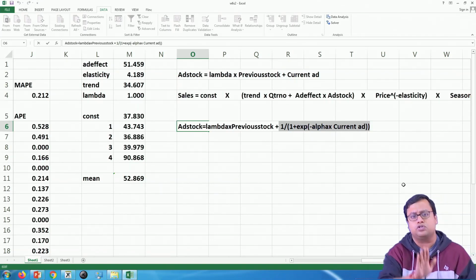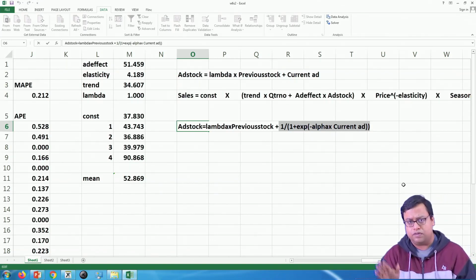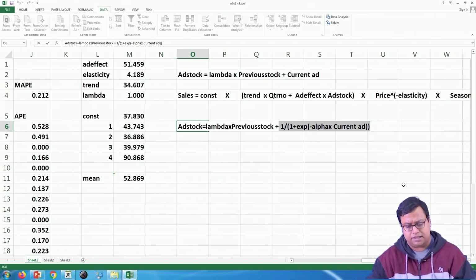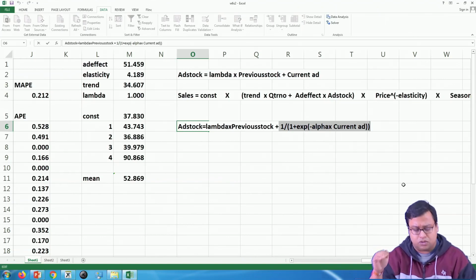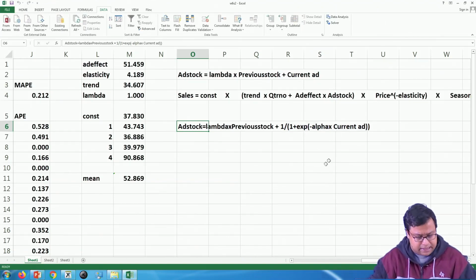This is something that you should try to do on your own when you try to solve with this particular sheet. The only thing is you have to put in another parameter called alpha, create the functions based on that, and then optimize alpha as well. Remember, alpha has to be positive, because otherwise the ad effect will be going up like this rather than coming down slowly.